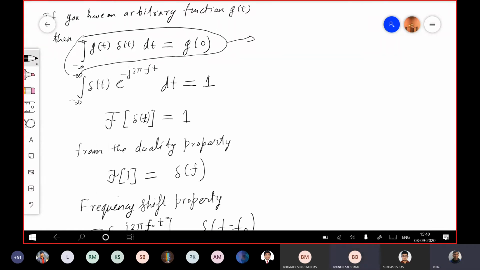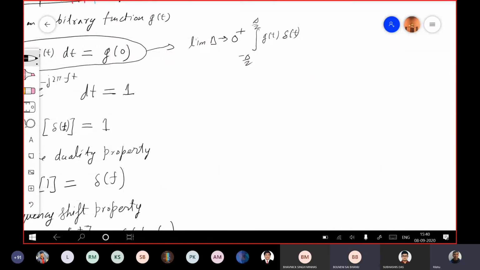You can actually say that the limit as delta tends to 0 plus, not delta tending to 0, delta tending to 0 plus, of the integral from minus delta by 2 to delta by 2 of g of t, this is also true.